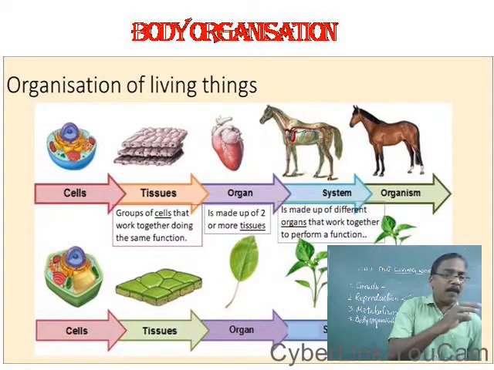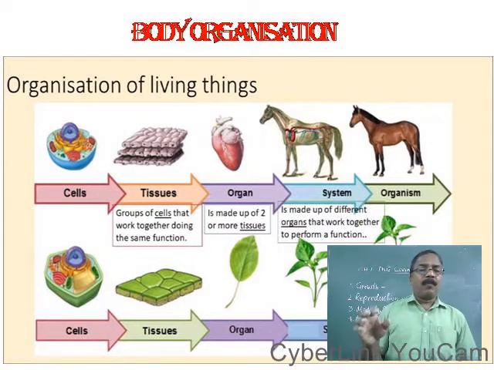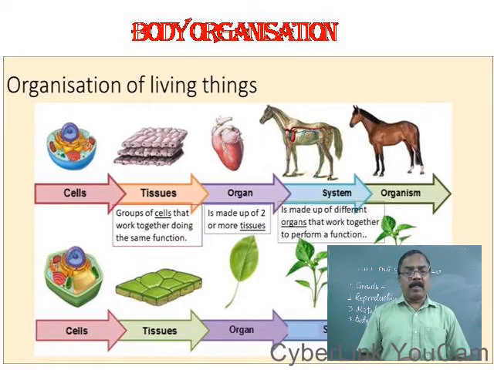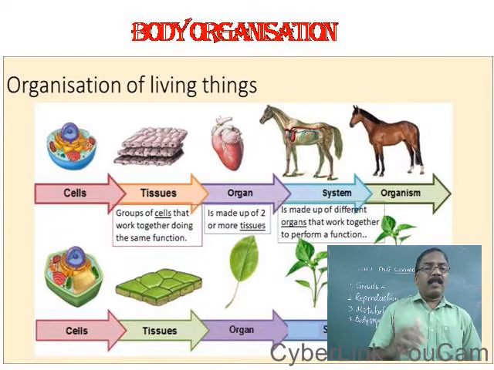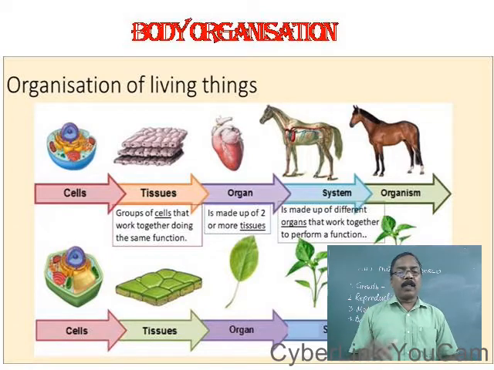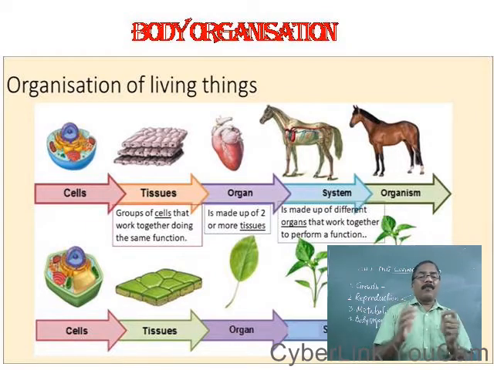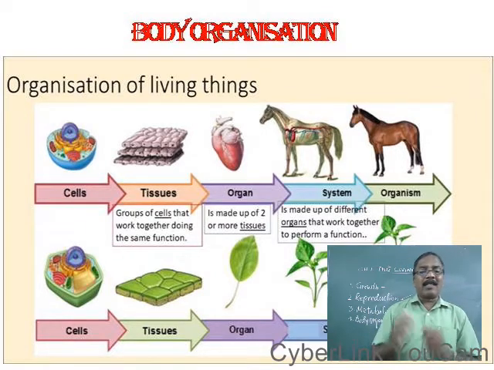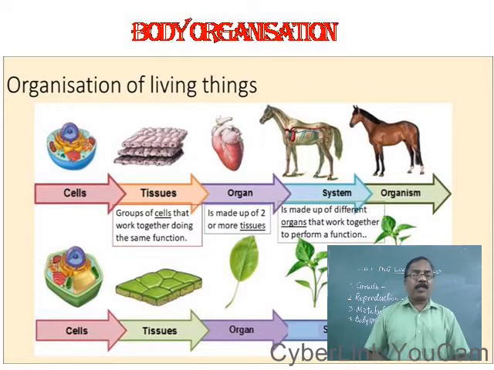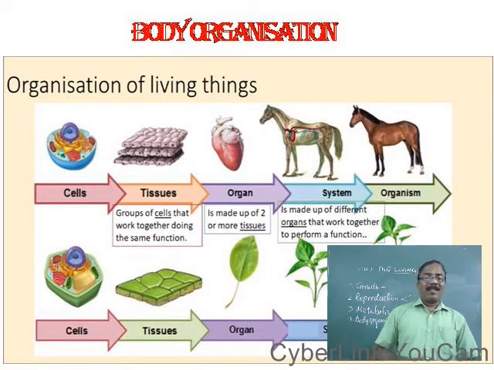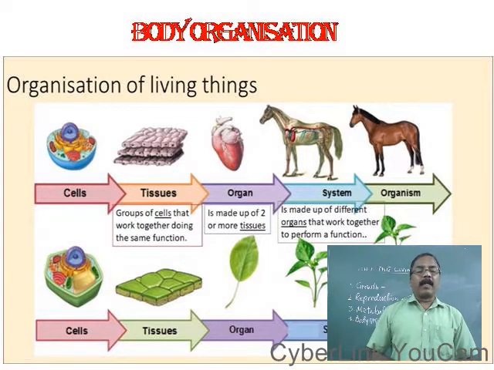So there is a particular pattern of arrangement of body organs. Cells into tissues, tissues into organs, organs into organ systems, and organ systems into organism. This is what we call the hierarchical system of body organization.